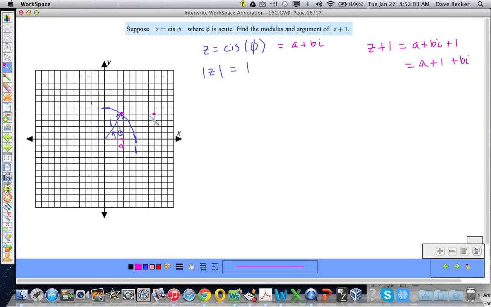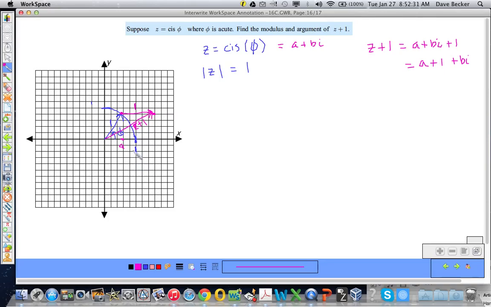Say yes? Okay. So we would have this, and this length must be 1, and this length is 1. So this would be z plus 1. Makes sense? It should.